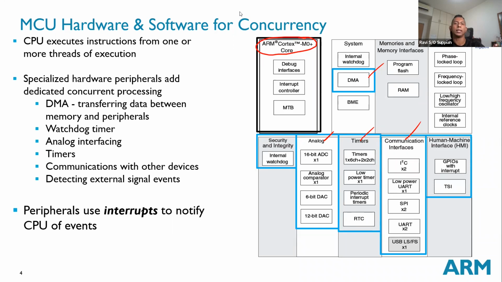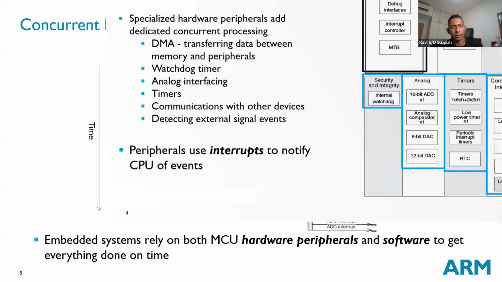Most microcontrollers have sufficient subsystems to support concurrency with the hardware, as well as what we already know about interrupts. So we are already able to have a high level of concurrency.